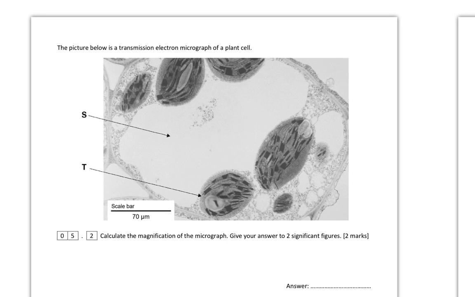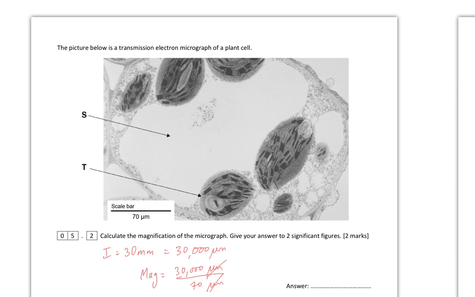So my image equals 30 millimeters, which equals 30,000 micrometers. Get it into the same unit, and then the magnification. Well, the magnification has no units, so I must be dividing 70 and 30,000, and the magnification is going to be large, so it must be the big number on top. So 30,000 micrometers divided by 70 micrometers, they cancel.